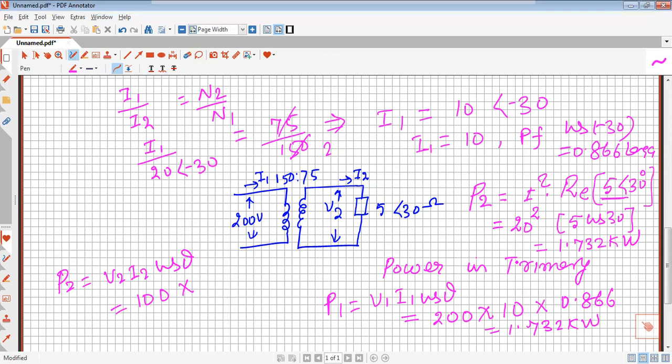Sorry, here I have written 10, okay. Current is 20 and the power factor is 0.866. So this value and the earlier value are both the same. It will be 1.732 kilowatt. So either we calculate the power from the primary side or from the secondary side, the result will be the same.